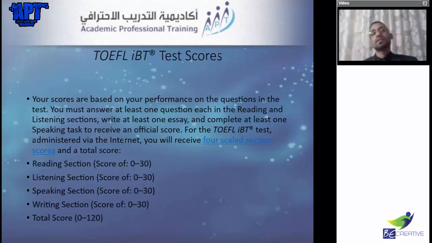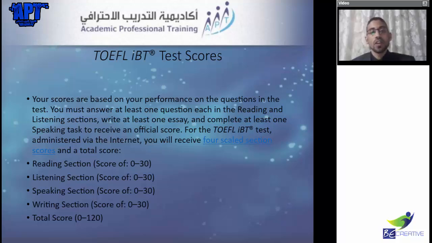Now, we have to understand this. Before, the scores were different. The local TOEFL was different than the international TOEFL. But now, all of them are the same, like the international, which is the one that everyone goes on.